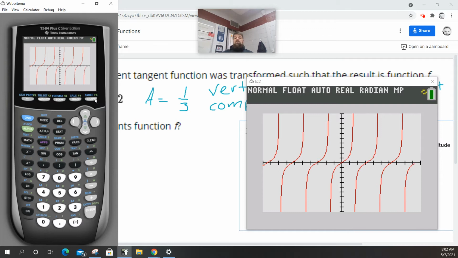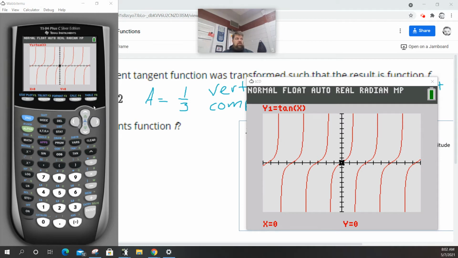And it actually has intercepts at pi, if I remember correctly. So, yeah, because the asymptotes are at half pi and negative half pi. So, let me take a screenshot of that.